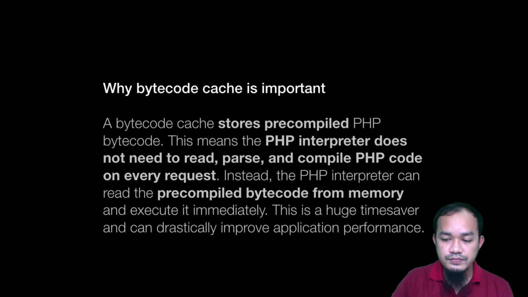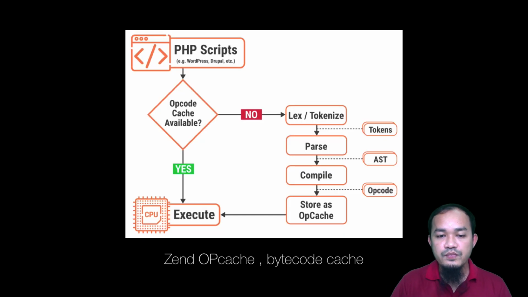This is the figure that explains the difference between the server without using cache and with using cache. If they are using cache, they can execute directly. If they are not using cache, they have to go through lexing, tokenizing, parsing, compiling, and storing as OPcache.